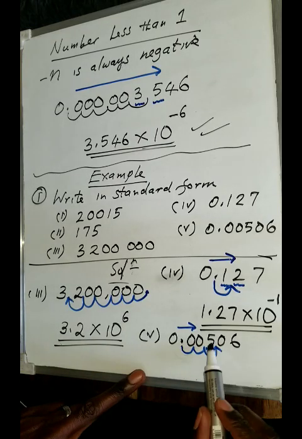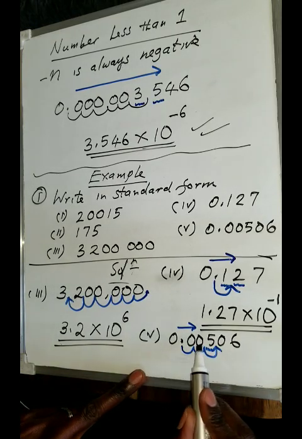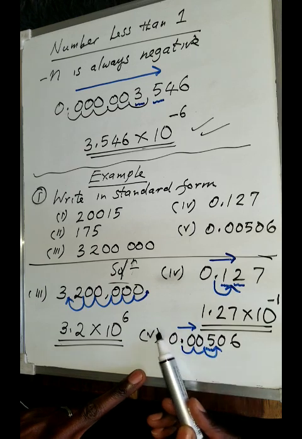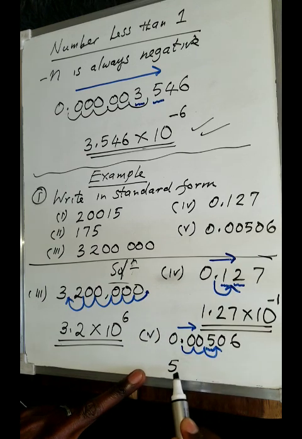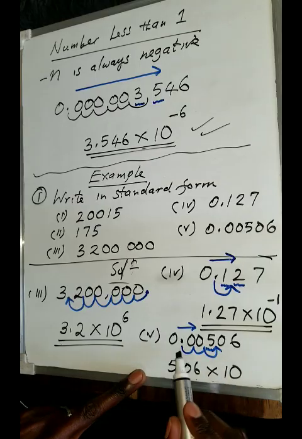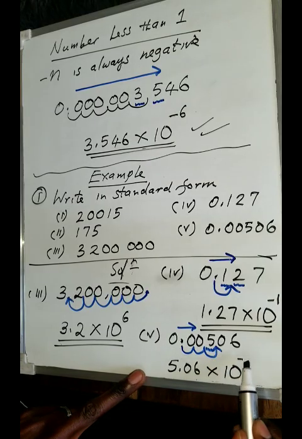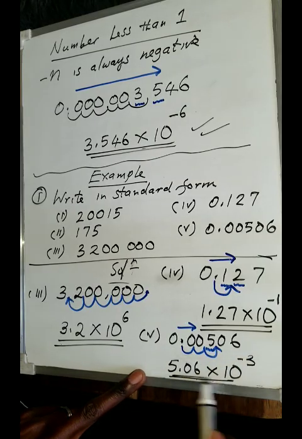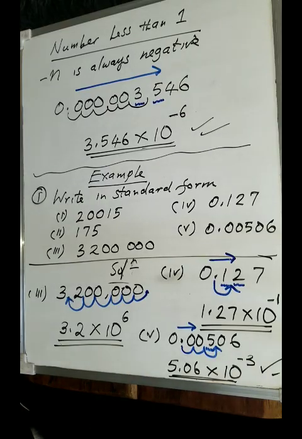So you ignore these when you're writing in scientific notation. These are no longer going to be there. So it will be 5.06 times 10 raised to the power 1, 2, 3. So it will be -3. So that is what we mean there. So you have expressed it in what we are calling standard form.